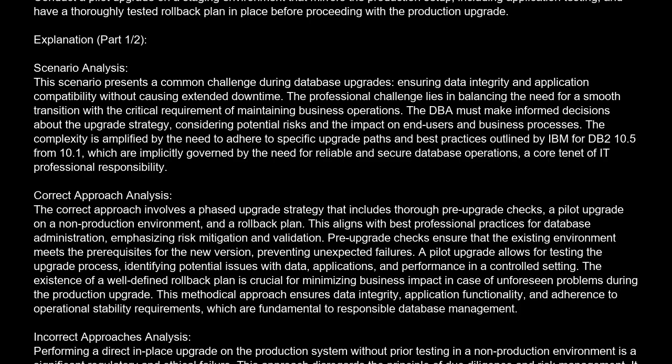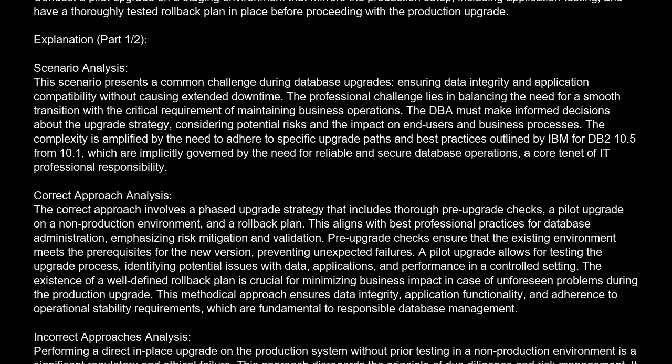The DBA must make informed decisions about the upgrade strategy, considering potential risks and the impact on end users and business processes. The complexity is amplified by the need to adhere to specific upgrade paths and best practices outlined by IBM for DB2 from 10.1, which are implicitly governed by the need for reliable and secure database operations, a core tenet of IT professional responsibility.